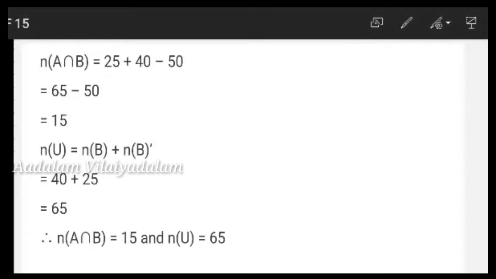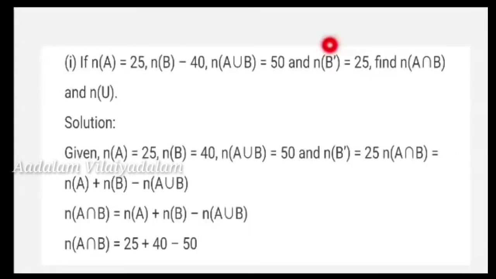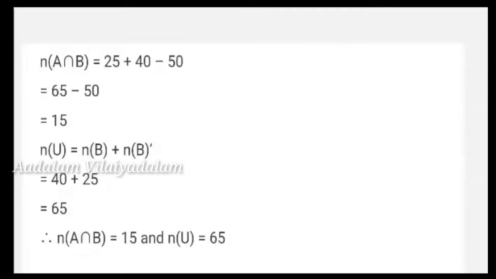Therefore we get 40 plus 25, so n of U equals 65. Therefore the answers are n of A intersection B equals 15 and n of U equals 65. With this, the first sum gets over.